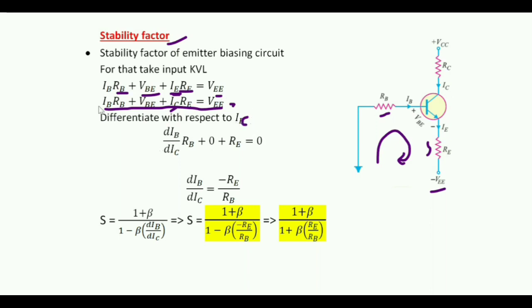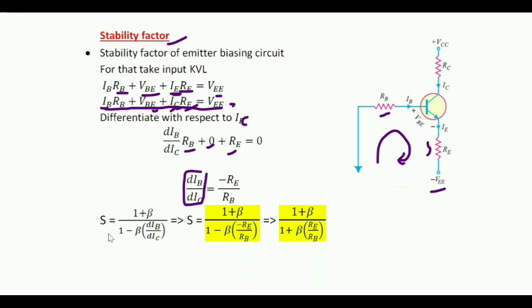Then we will get dIB by dIC into RB, plus as VBE is constant, we will get 0, and dIC by dIC is equal to 1, so we will get only RE is equal to 0, and we can form dIB by dIC is equal to minus RE by RB.